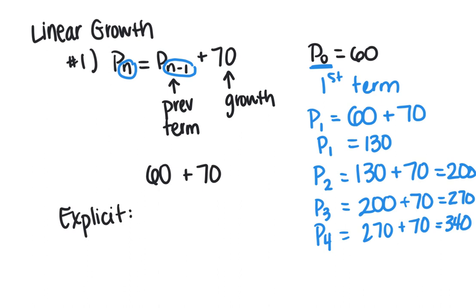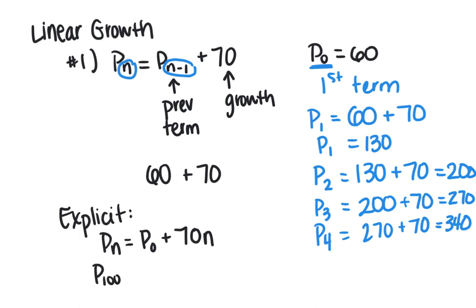And what you do here is you get the explicit term by taking your initial term and then adding 70 however many times, or for whatever term that you're trying to get to. Notice that we have 70 and then another 70, another 70, another 70. So if we do 70 times n, then that's going to give us the explicit version.